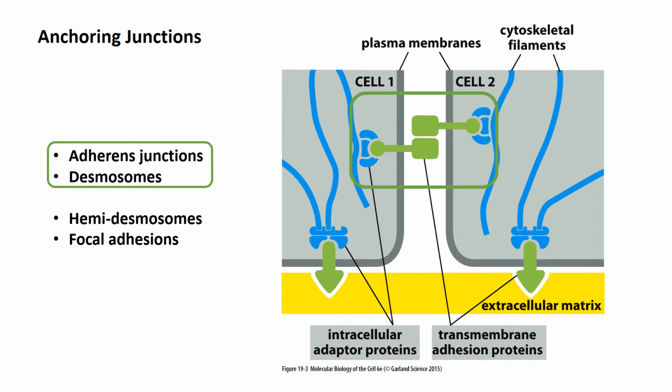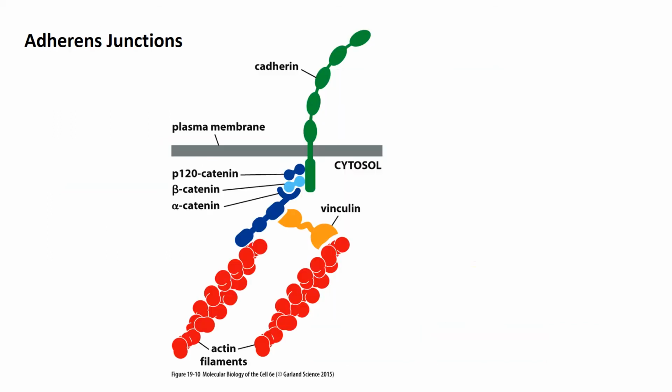The plaques link the cadherin protein to various cytoskeletal elements. Anchoring junctions also associate with cytoskeletal elements via plaque or adapter proteins in cell-to-matrix associations known as hemidesmosomes and focal adhesions. Since we're focusing on cell-to-cell associations, let's talk about adherens junctions and desmosomes.